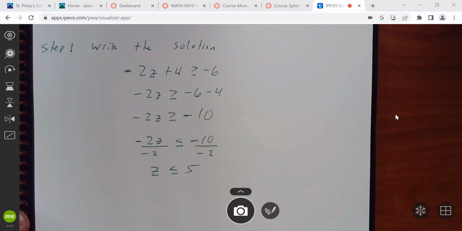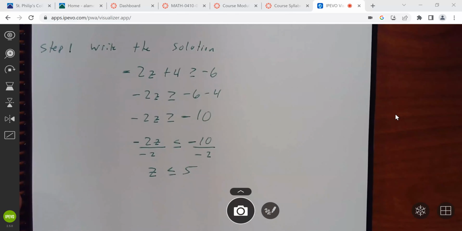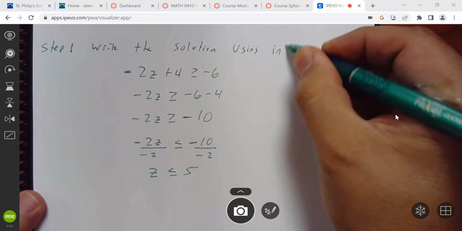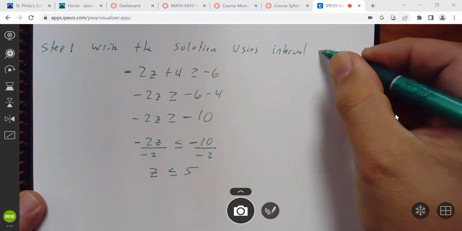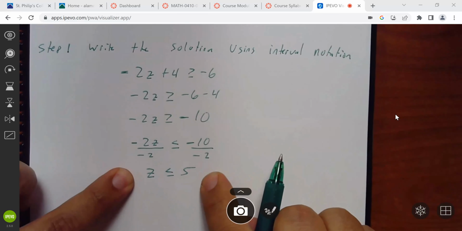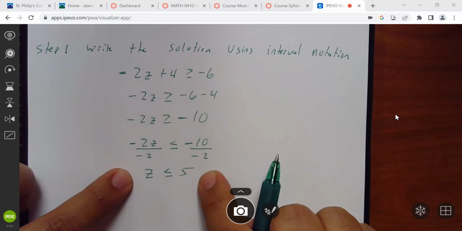So write the solution using interval notation. What does that mean? We solved it, but they wanted an interval.